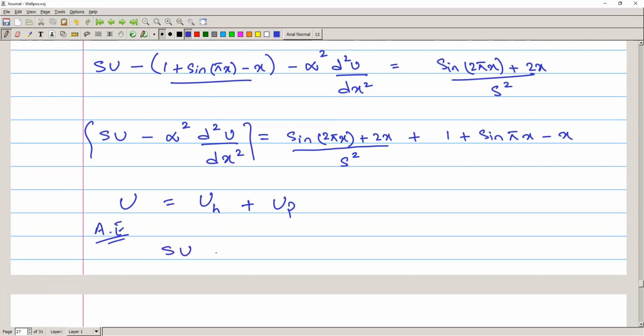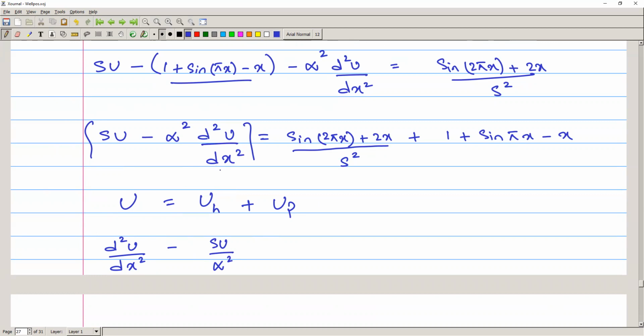So first of all, we will write this equation in the standard form, that is d squared U over dx squared minus sU over alpha squared, right?